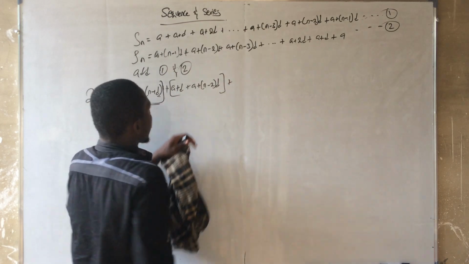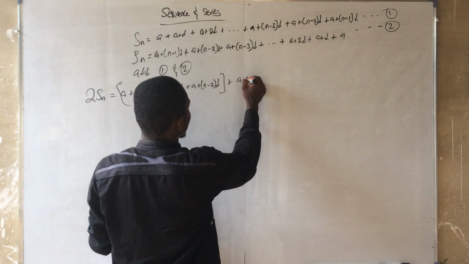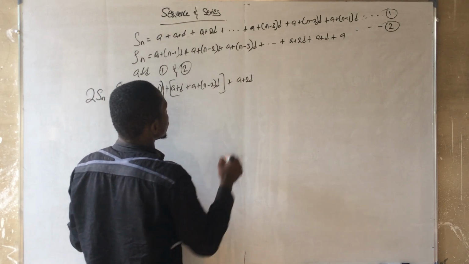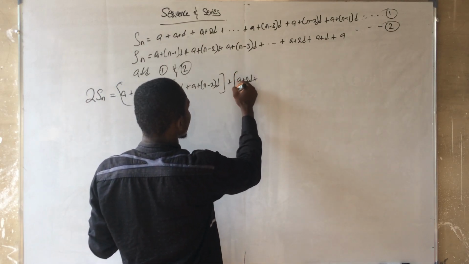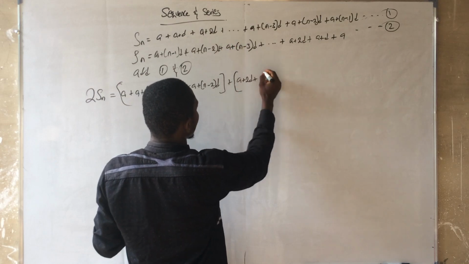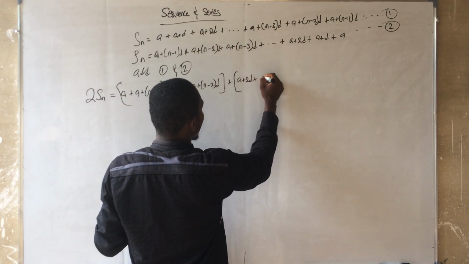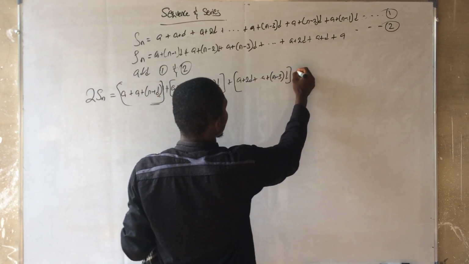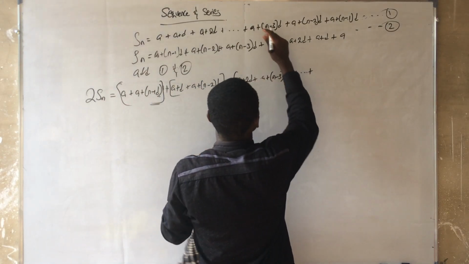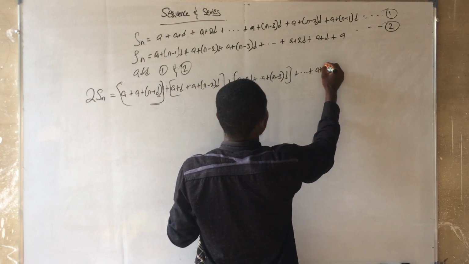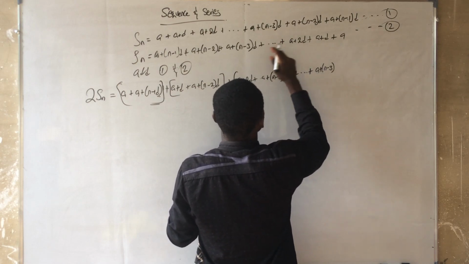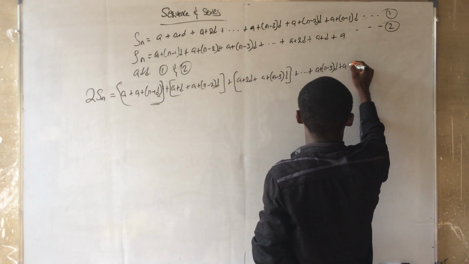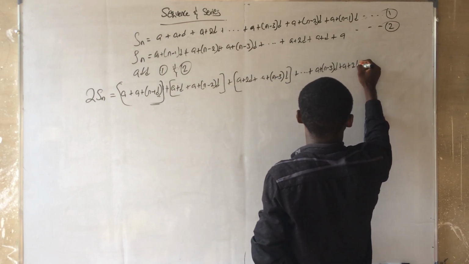We now have plus again, a plus 2d, now plus this one, a plus n minus 3d, plus dot dot dot, plus this one, a plus n minus 3d, plus a plus 2d.